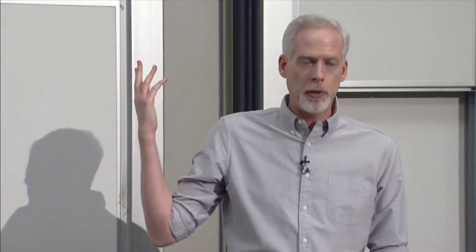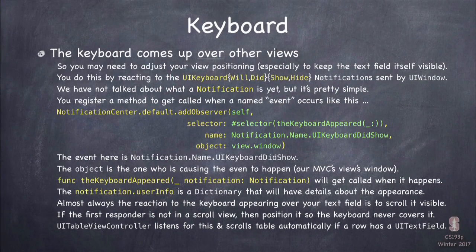So the way you find out about the keyboard and where it came over is using these observers. You're basically going to observe the window, and the window's going to send you a notification that says, hey, the keyboard just came up, and in the notification there's going to be information about the rectangle that the keyboard now covers, and you have to move your UI out of the way.